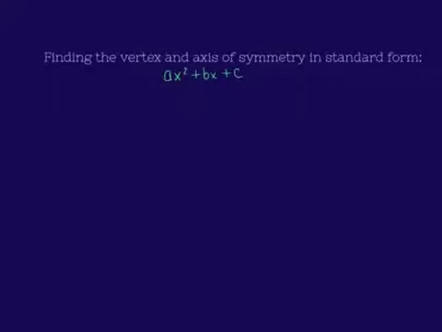So to find the vertex, remember there's two coordinates to our vertex, an x coordinate and a y coordinate. So to find the x coordinate, we're going to use actually part of the quadratic formula, the opposite of b over 2a. This gives us the x coordinate of the vertex.